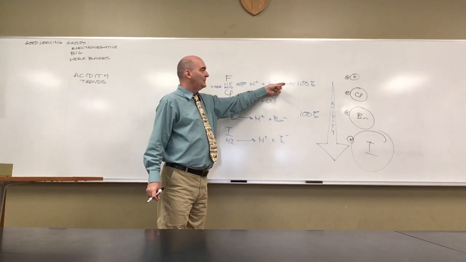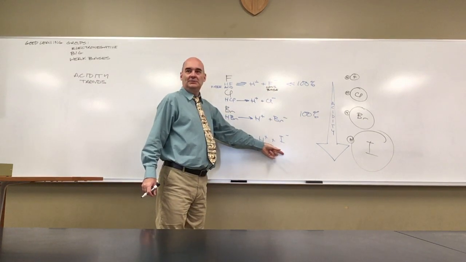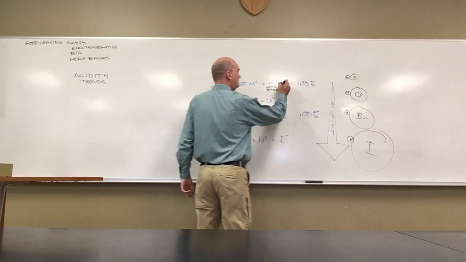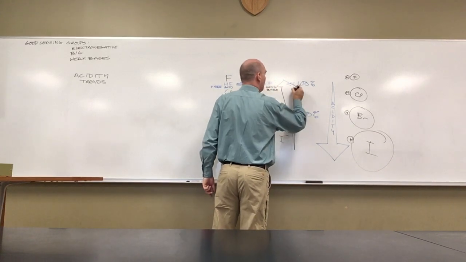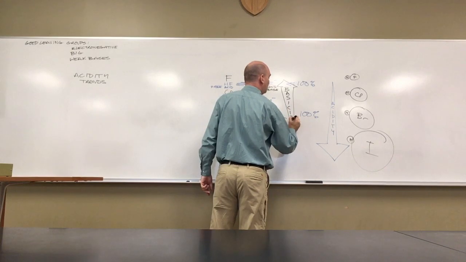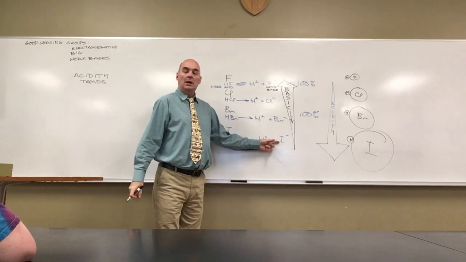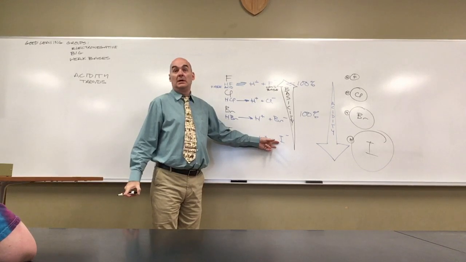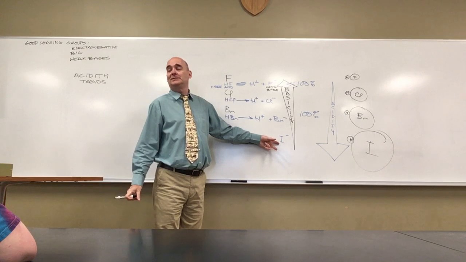If acidity increases from top to bottom, which way does basicity increase? Has to be the opposite way. Okay, which means iodide is actually too good of a leaving group for us to use.